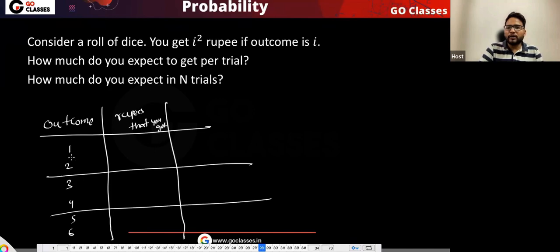If 1 comes, then how many rupees will you get? 1 rupee. Here 4 rupees, here 9 rupees, here 16 rupees, here 25 rupees, here 36 rupees.